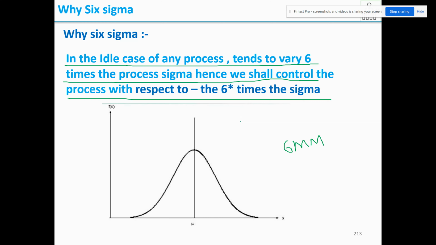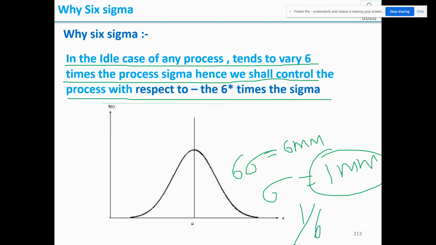Then you will try to achieve even less variation. What will be your actual standard deviation? 6 sigma is 6 mm, so your sigma will be 1 mm. If I want to achieve 6 sigma of 1 mm, it is 1 by 6. So I need to control the variation 6 times. Therefore, I achieve less variation and high consistency data.